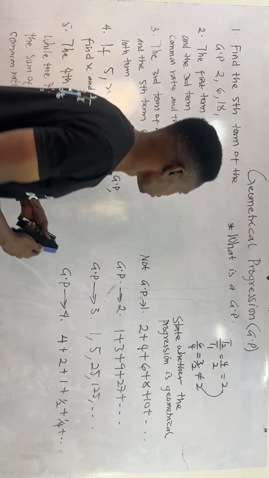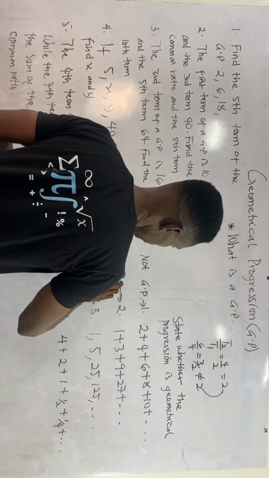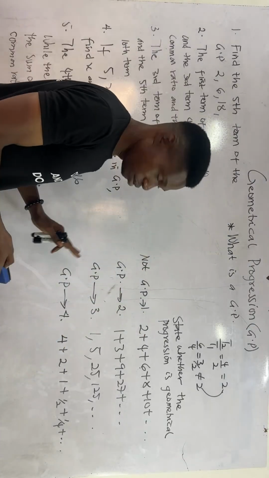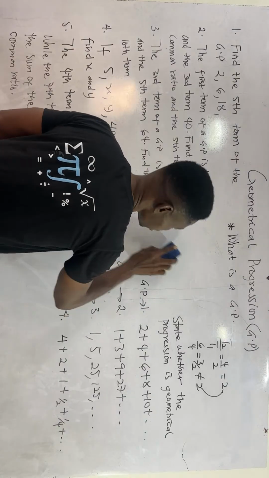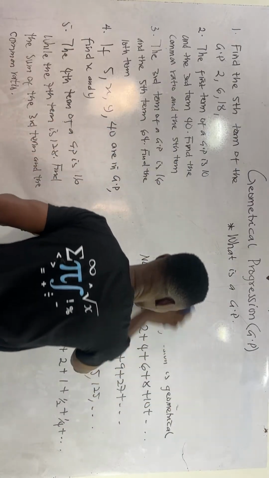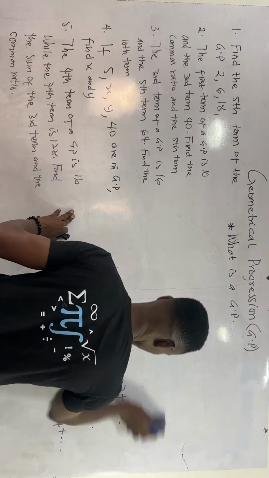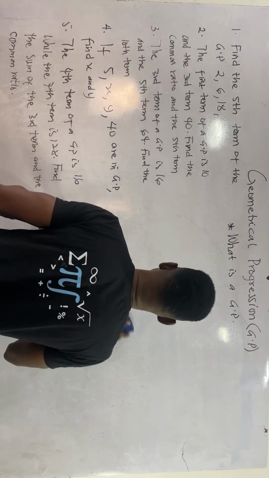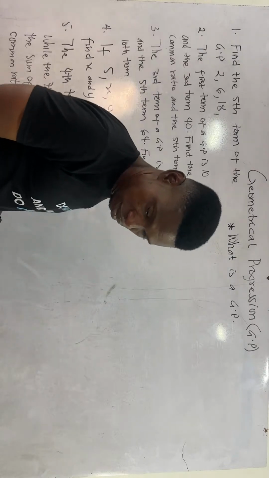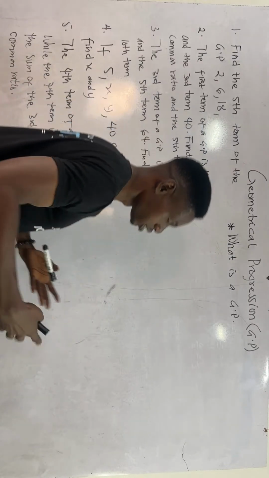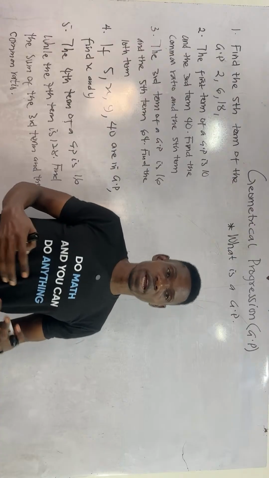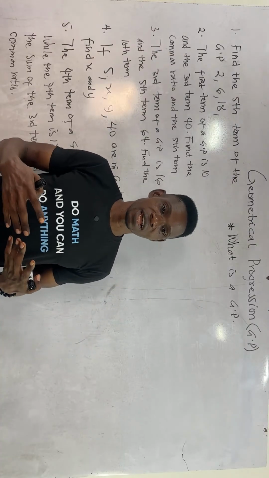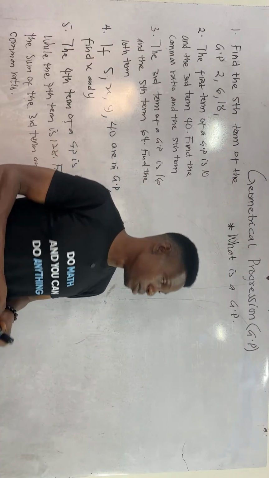So the next thing, so I'm rubbing this now. So if you are writing, write fast. So the next thing, since we know what a GP is now, we want to look at the nth term of a GP.